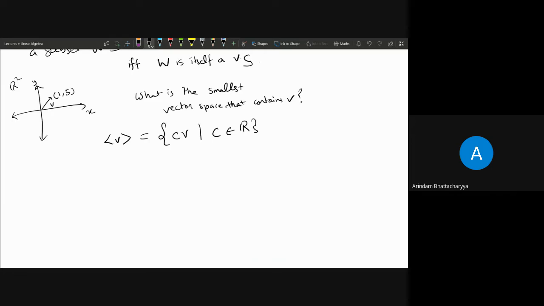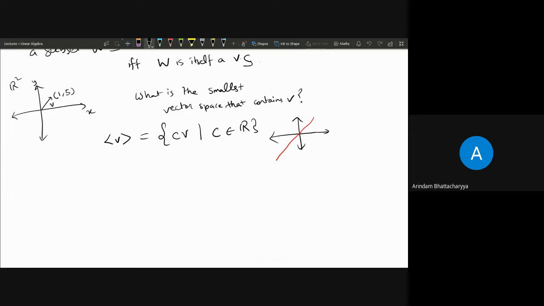And pictorially, it looks like this line. Not that line. That. Let me move it. Yeah, this line.